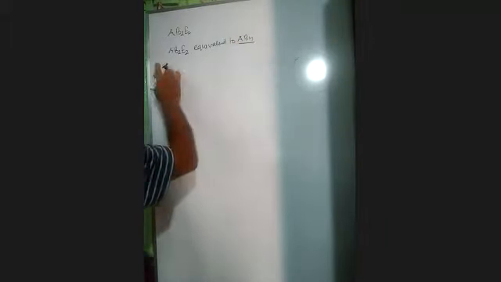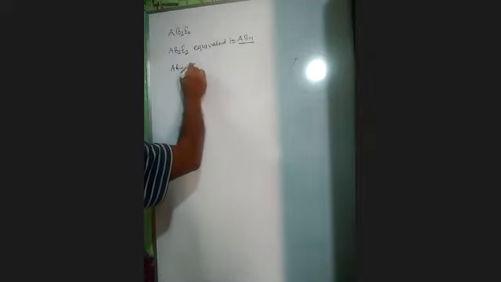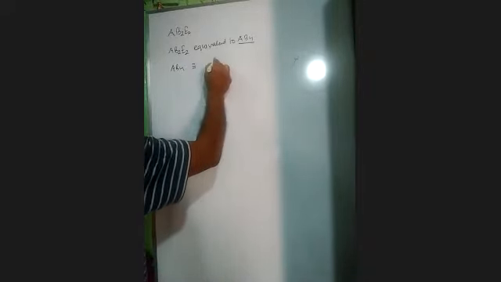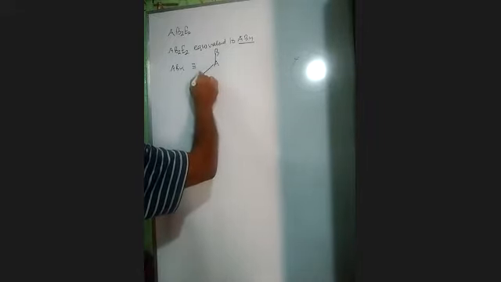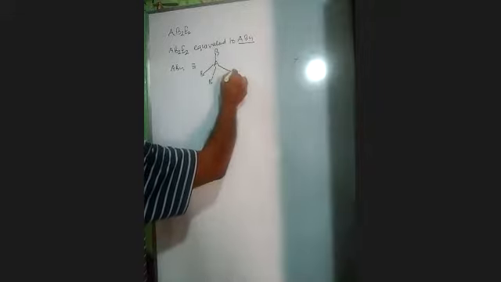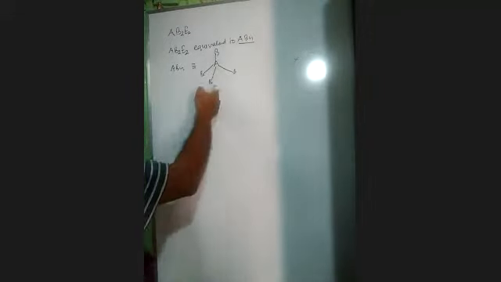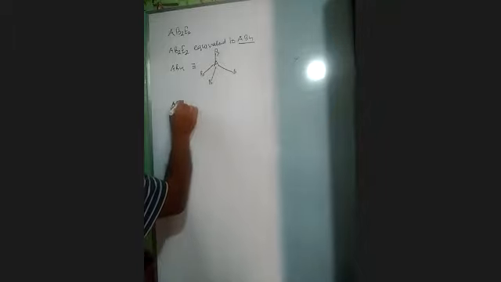So what is the structure for AB4? AB4 structure is A, B, B, B, B. Let me substitute this B by lone pair. What will be the structure now?